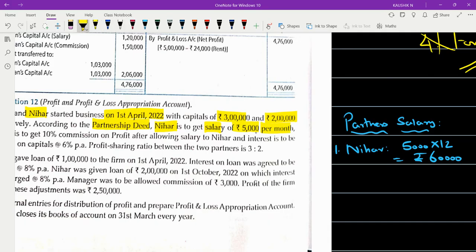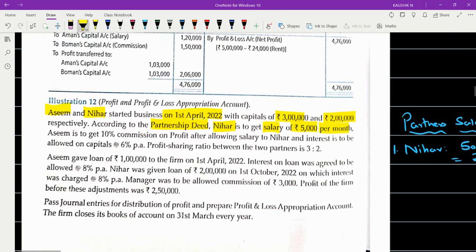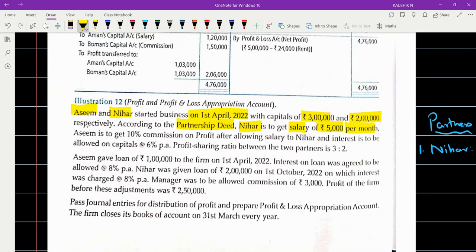And then it says, Asim is to get 10 percentage commission on what? On the profit. How has it been marked? After allowing salary to Nihar, and interest is to be allowed on capital at the rate of 6% per annum.